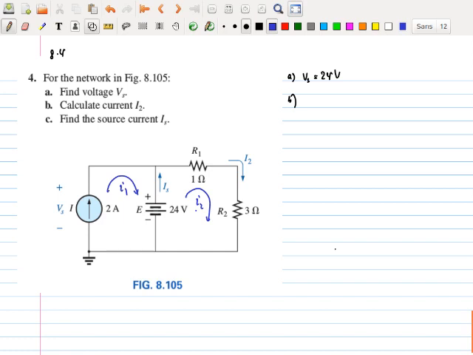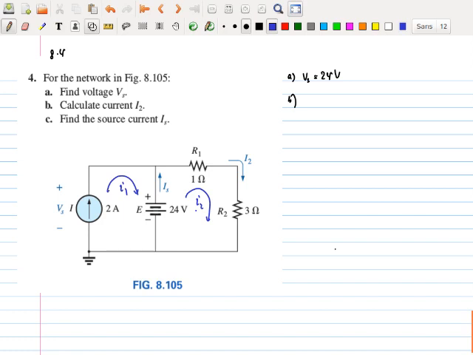Now what is the problem? There is no resistor. Who cares? Here's the good part. We have a rule that says if a branch has a current source, the branch current is held at that value. So I don't care what happens.